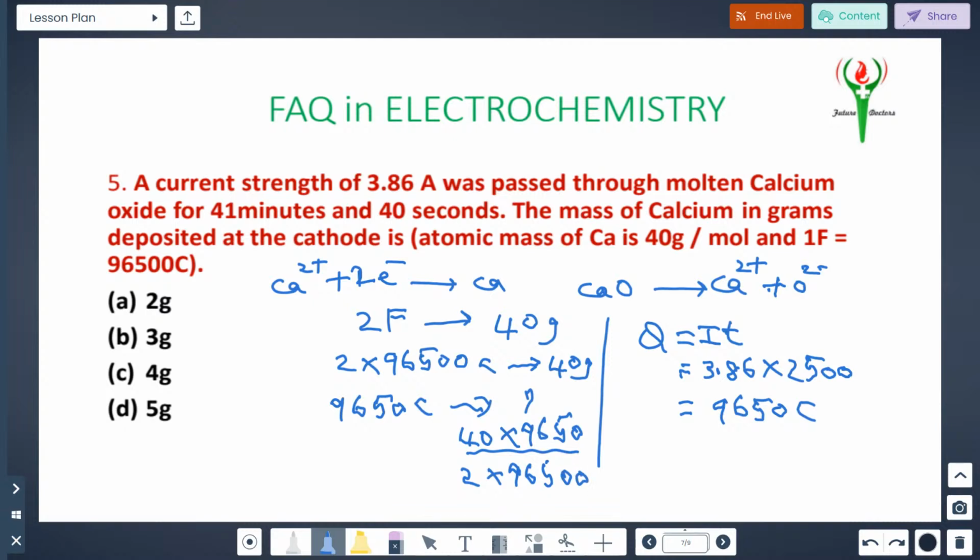Now we can cancel this one and this one, and 965 also gets cancelled. 4 by 2 means what? The answer is 2. So among these, that is the correct option. Are you following?